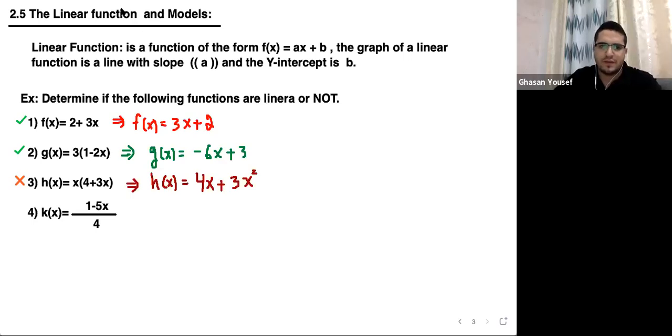For number 4, is it a linear function? I said yes. Can you explain why? Can I write it in this form?